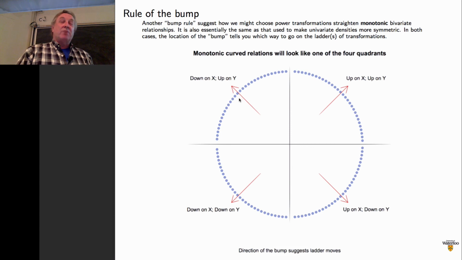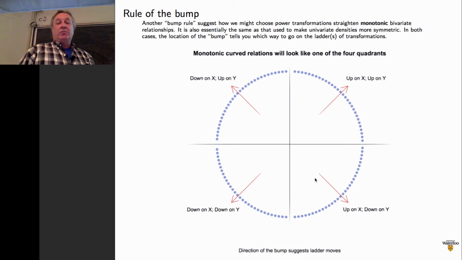Correspondingly, you should probably move down the power transformation. This one's in this direction. That's going up on the x-axis. So your power transformations should move up the ladder on x or y, or both.